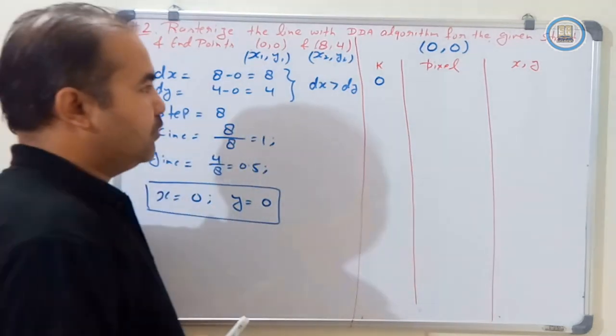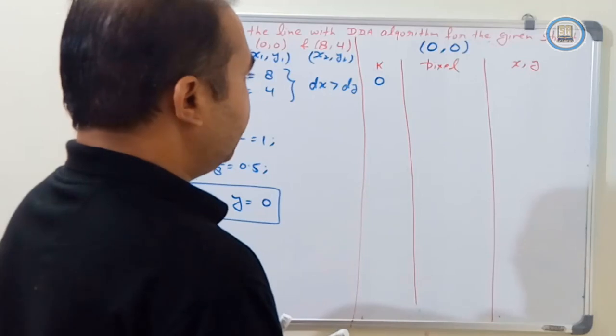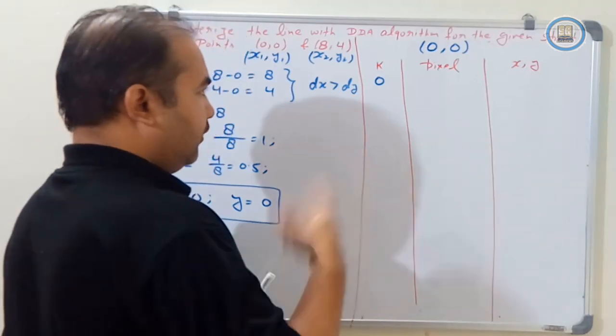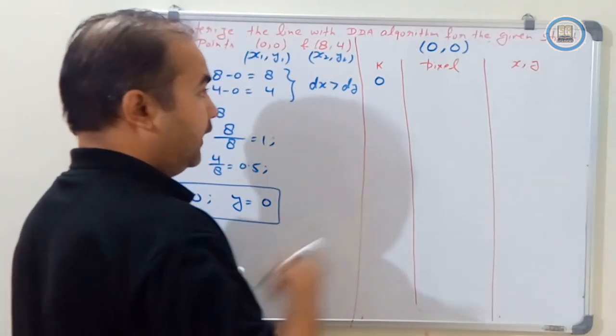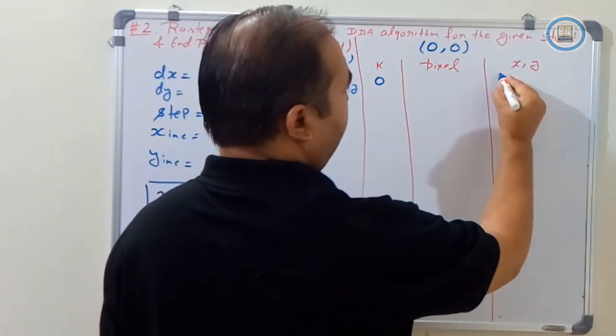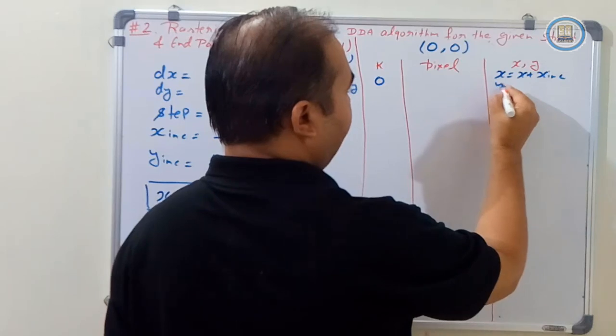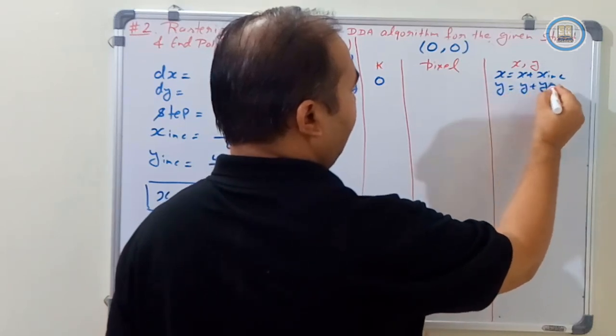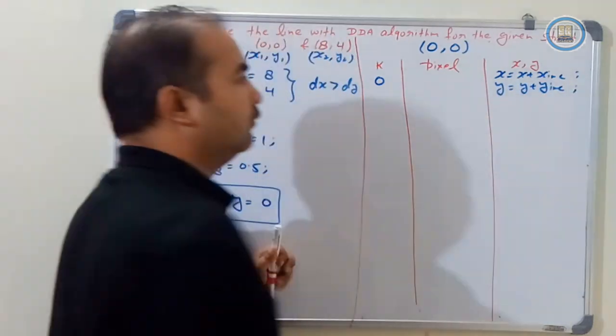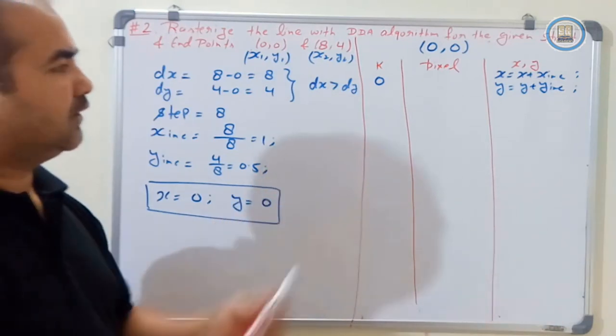So we will start from 0, and the pixel value we need to calculate according to the algorithm is x equal to x plus x increment and y equal to y plus y increment. This is the formula which is given in the pseudocode.